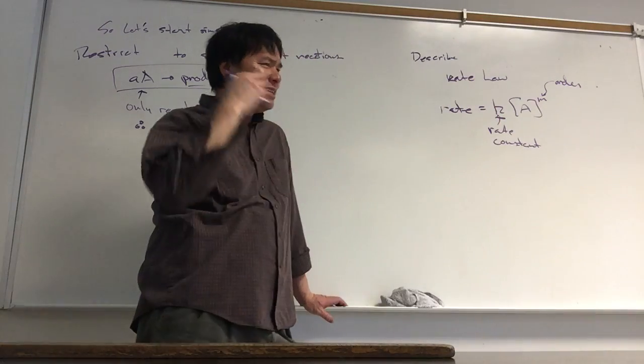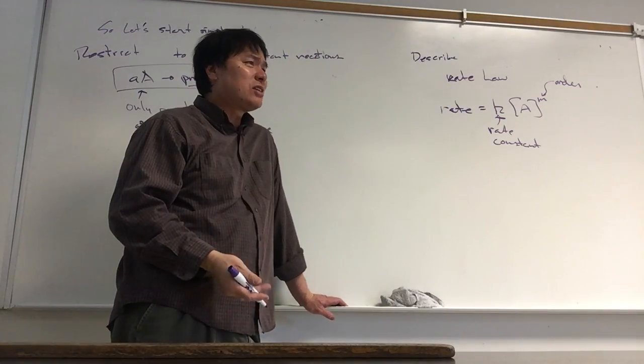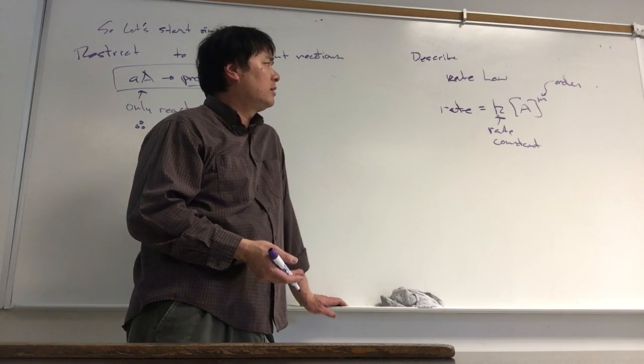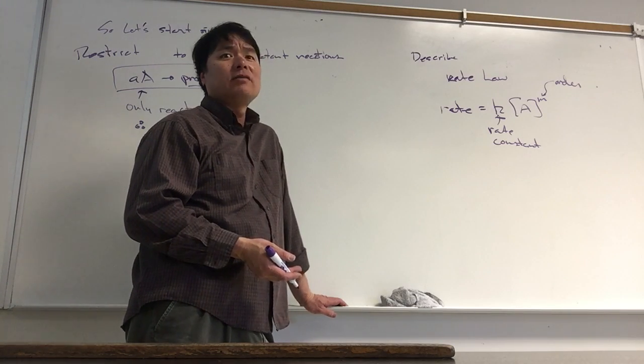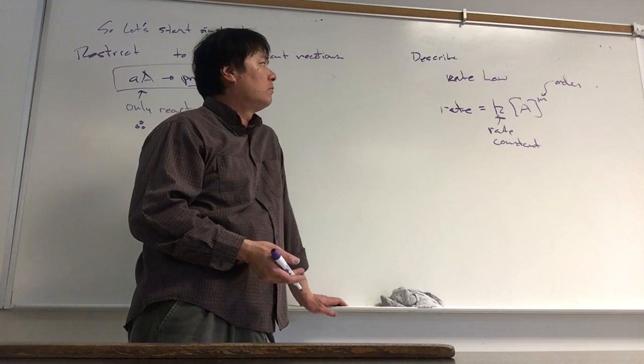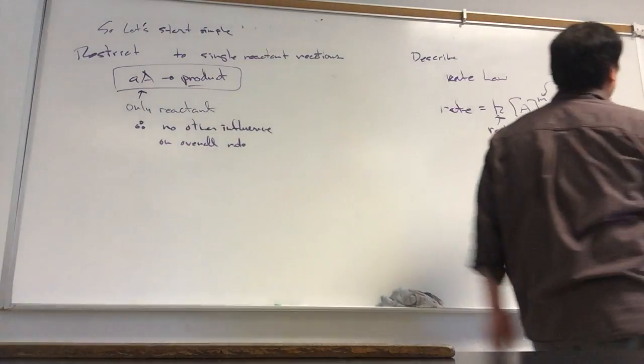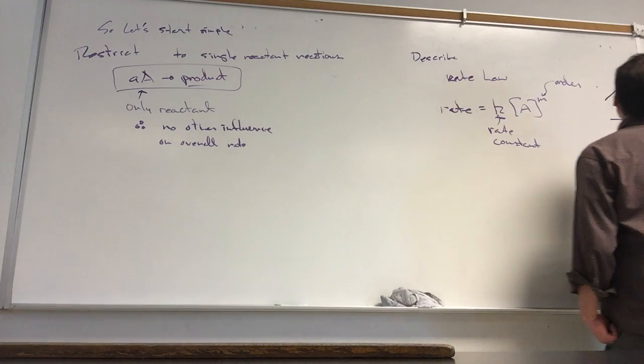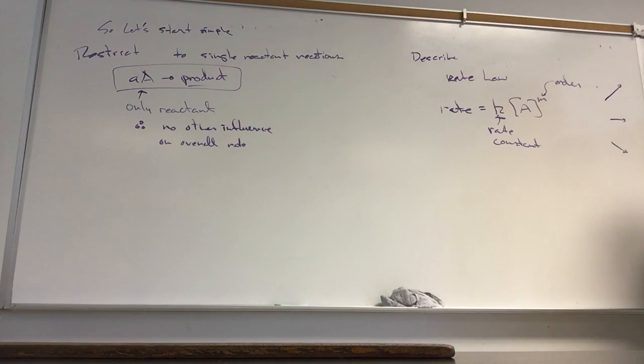And so if m is 0, then we call it a zero order reaction. If m is 0, then A to the 0 is just 1, right? And we have rate is equal to k. And so there are only three possible options that we're going to consider. There could be more, especially in complicated reactions, but 3 possible m values.